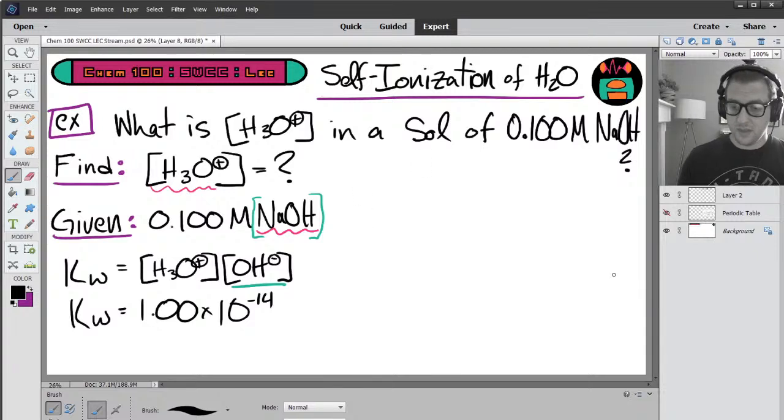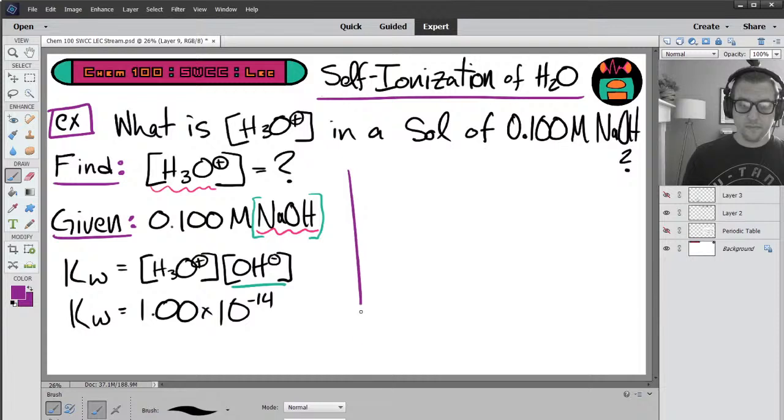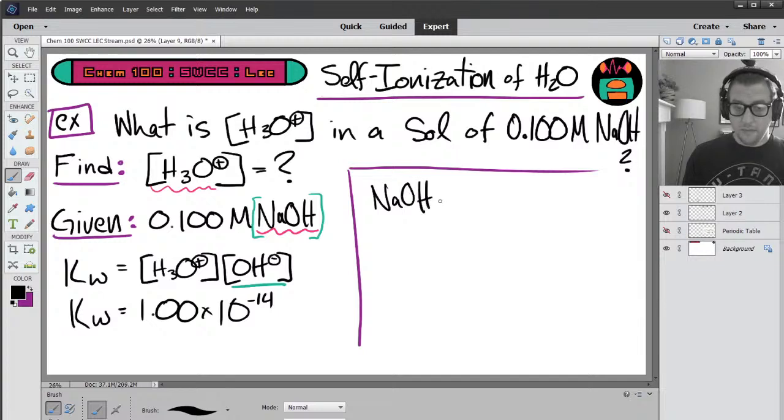Remember, this is where solubility rules come into play. Anything that's paired with sodium is aqueous.